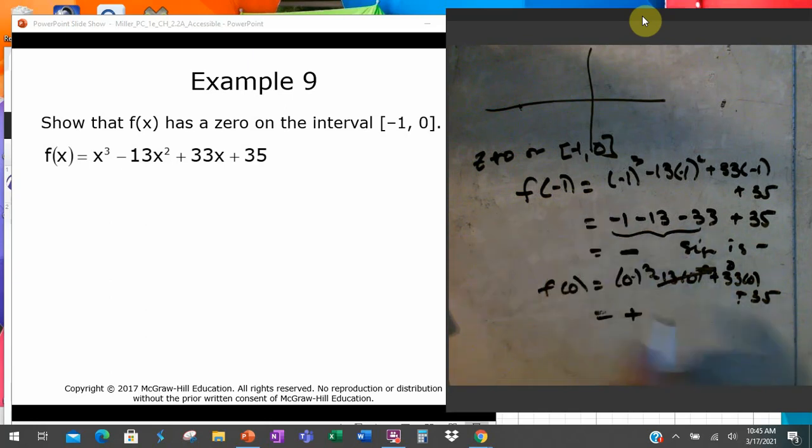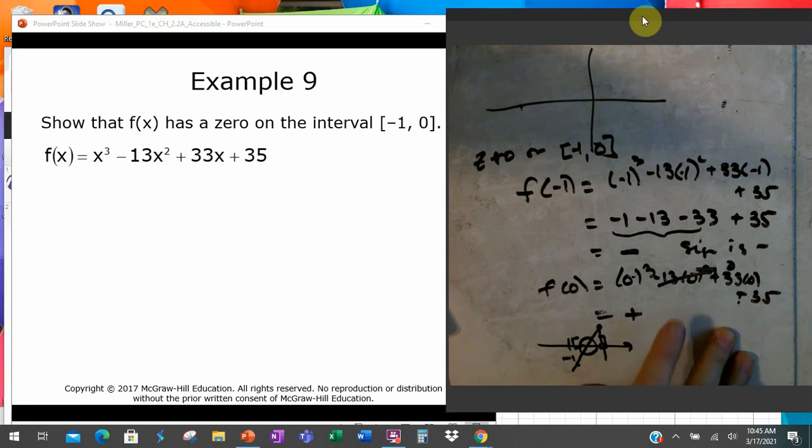So I've gone between a negative, so here's my -1, here's my 0. I've gone from a negative value to a positive value. So I've got to have a 0 in that interval. And that's the intermediate value theorem.